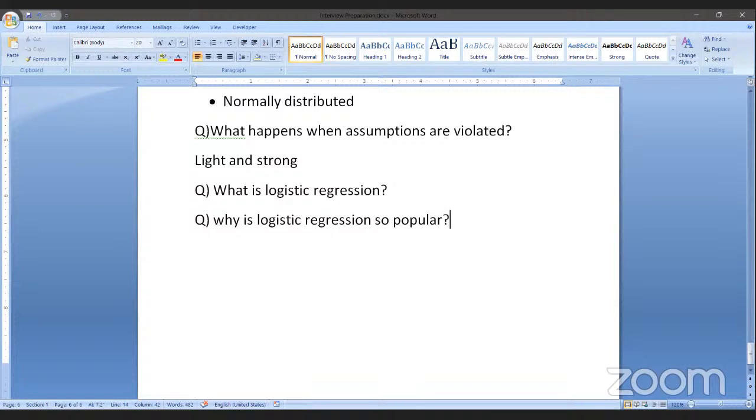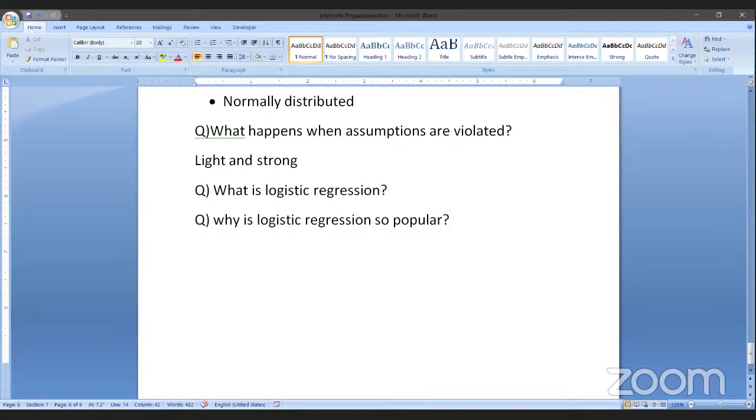So why is logistic regression so popular? Okay, so when we have a binary linear classification problem, this is the best model to be used, and it is very easy to realize and achieves very good performance when we have linearly separable classes.